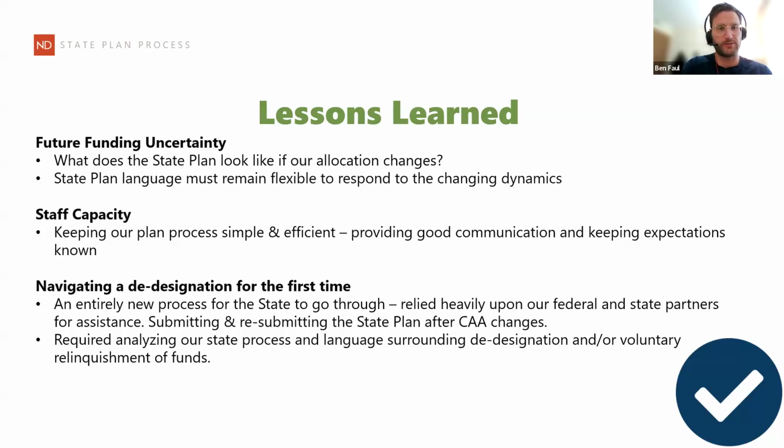I've had to have conversations with our agencies on adapting their community action plans to meet more fundamental needs if funding changes or if we don't get as much, or personnel changes, even hard discussions. And then knowing that the language in our state plan has to be flexible, and being able to go into that state plan and make those changes in an ever-changing atmosphere that we live in.